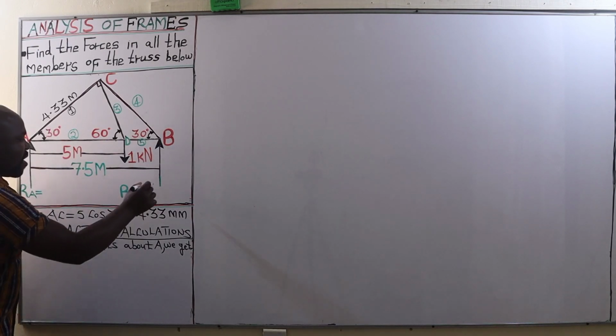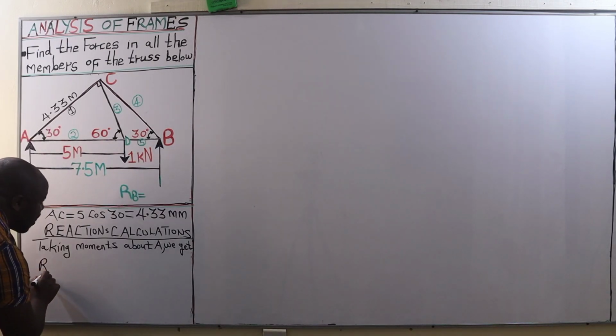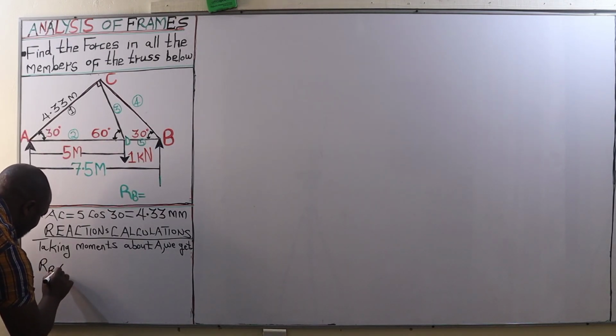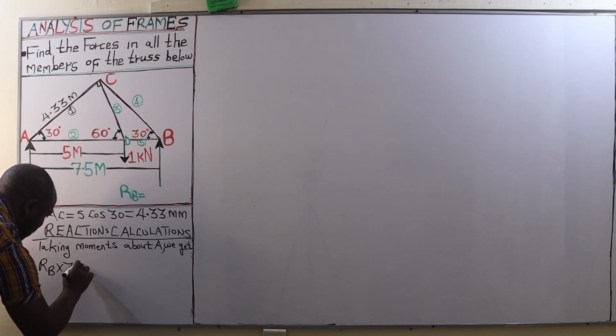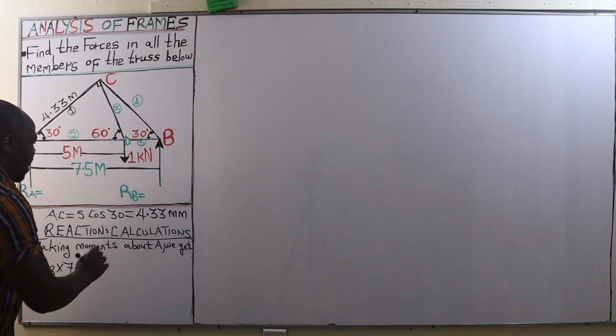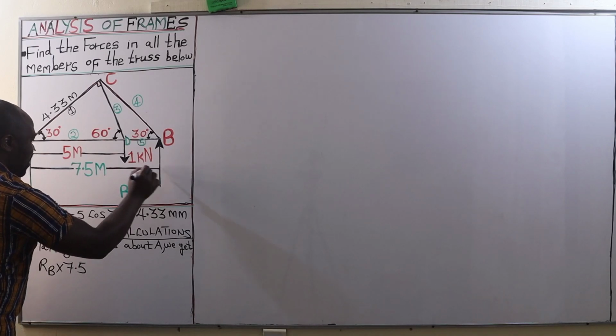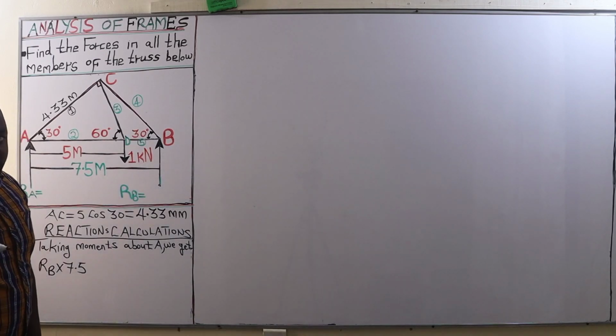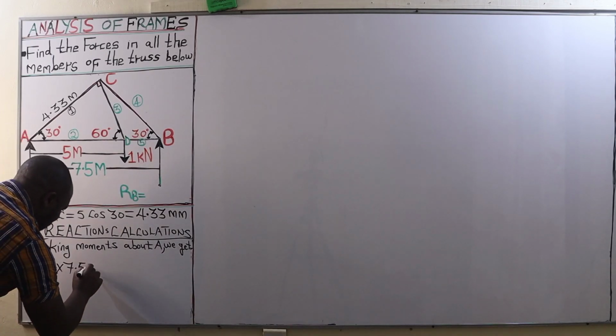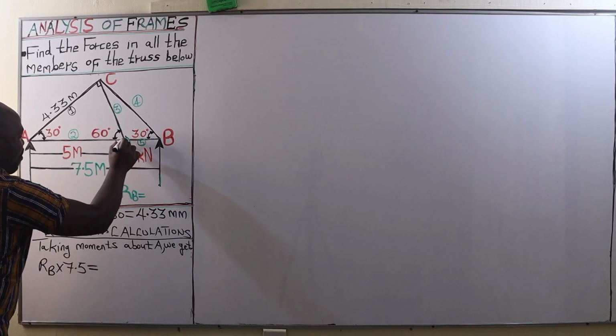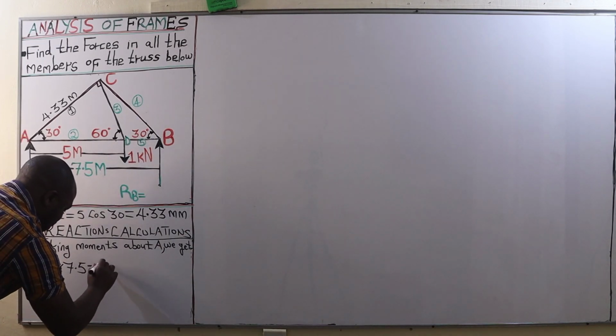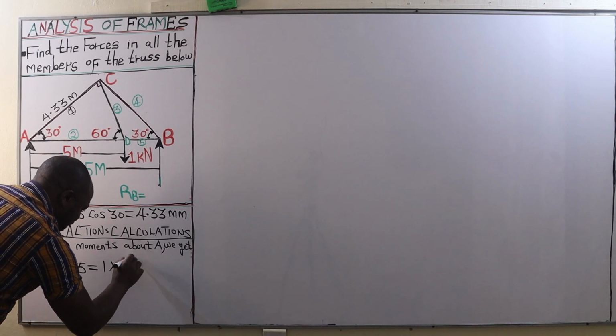Therefore, this is going to be RB times 7.5 meters. RB times 7.5, that is an anti-clockwise moment, is equal to this clockwise moment, 1 times 5.